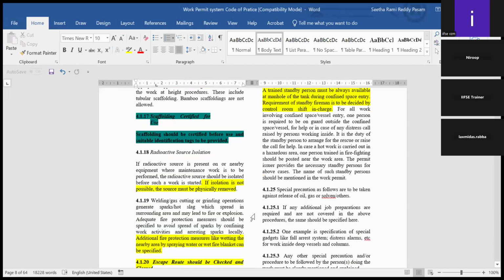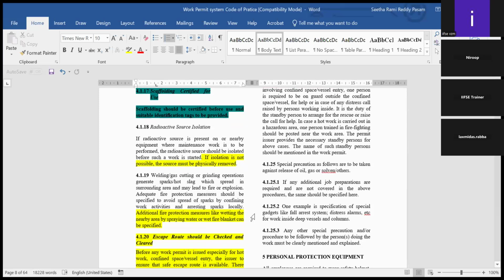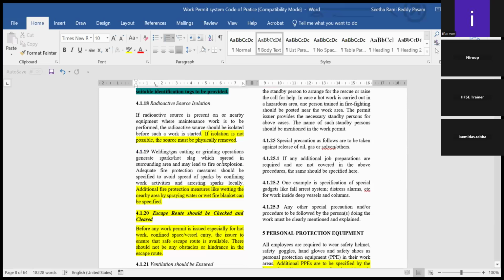Then radioactive sources. If isolation is not possible, then the source must be physically removed, in case you are working with any radioactive sources present in your work area. Then, in case of any gas cutting, welding or grinding operations, additional fire precaution measures like wetting the nearby area by spraying water, or wet fire blankets, can be specified.